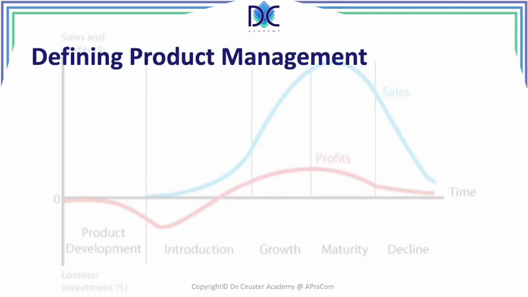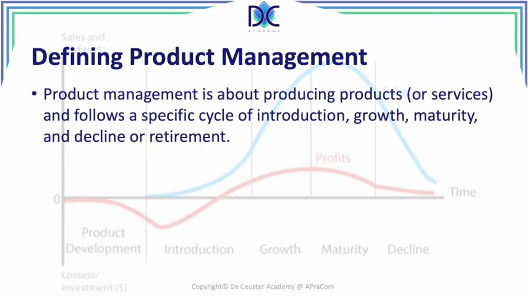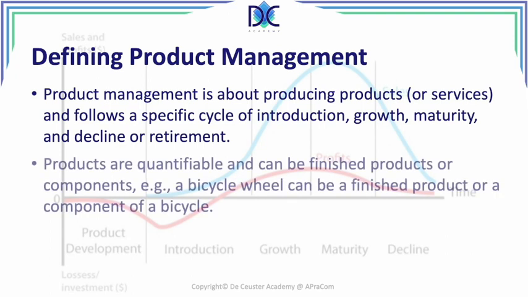What is product management about? Now, when we look at product management, we are about producing products or services, and they follow a specific cycle of introduction, growth, maturity, and decline or retirement. Products are quantifiable and can be finished products or components.